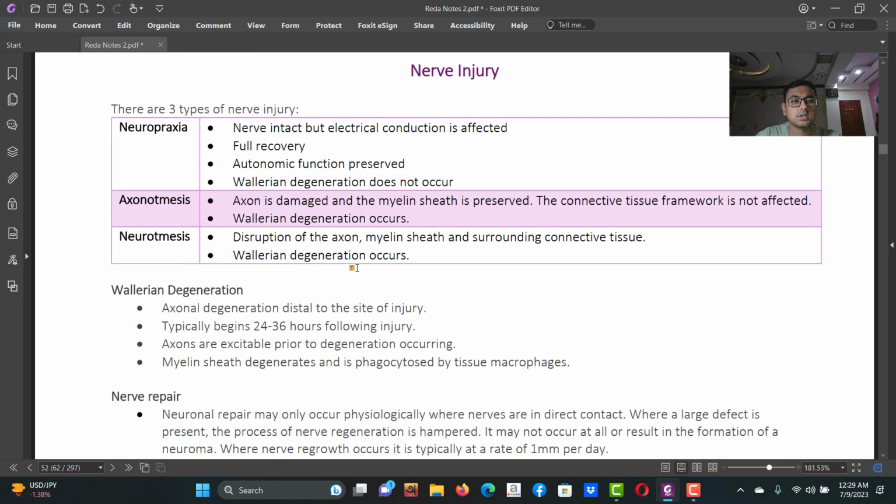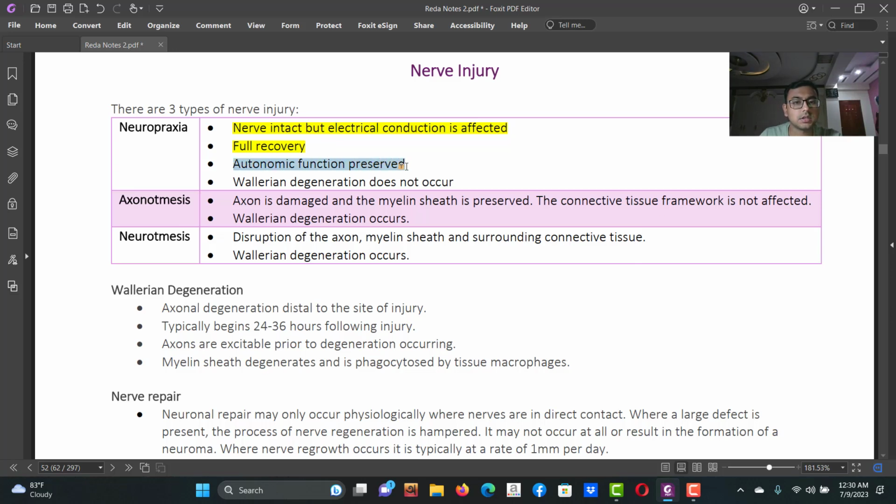Now the nerve injuries. There are three kinds of nerve injuries, that is neuropraxia, axonotmesis, and neurotmesis. What are the differences between the three? In neuropraxia, the nerve is intact but electrical conduction is affected. Remember this very clearly. There is no nerve dissection, but only the electrical supply is affected. Full recovery occurs. This patient might go through a disease process, but it will be cured.